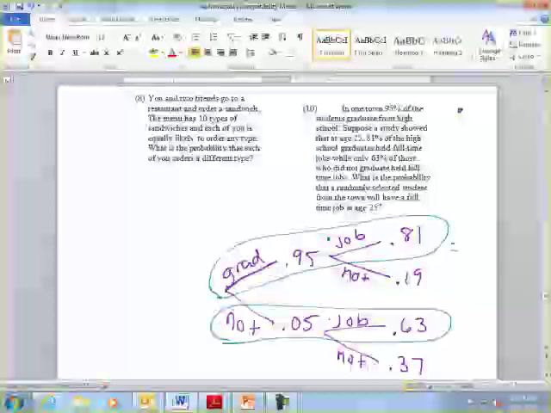So we are going to multiply 0.95 and 0.81, and we are going to multiply 0.05 and 0.63. And then we are going to add those together because one branch or the other branch could serve as an answer.